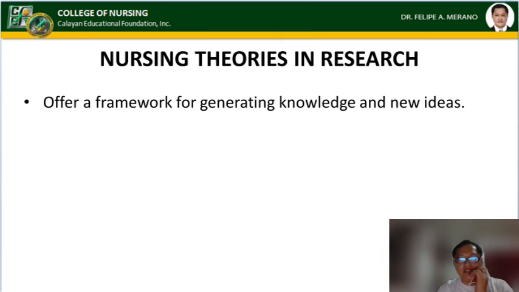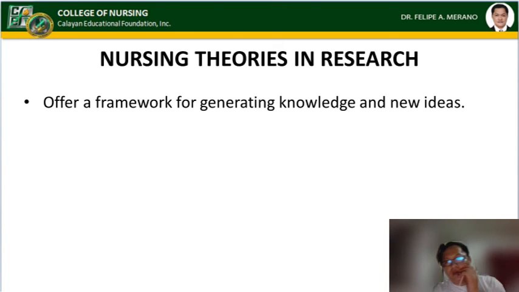Nursing theories in research. When pertaining to nursing theories related to research, this will be on your level 3. Nursing theories are generated from the knowledge and ideas created by nurses, particularly those nursing theories like Orem.